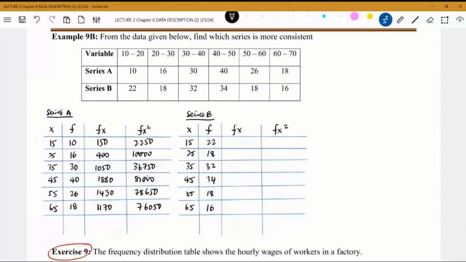Sum for fx? 6080. Okay. Alright, summation fx square: 206050... 284700. Okay. So summation f, what do we get?